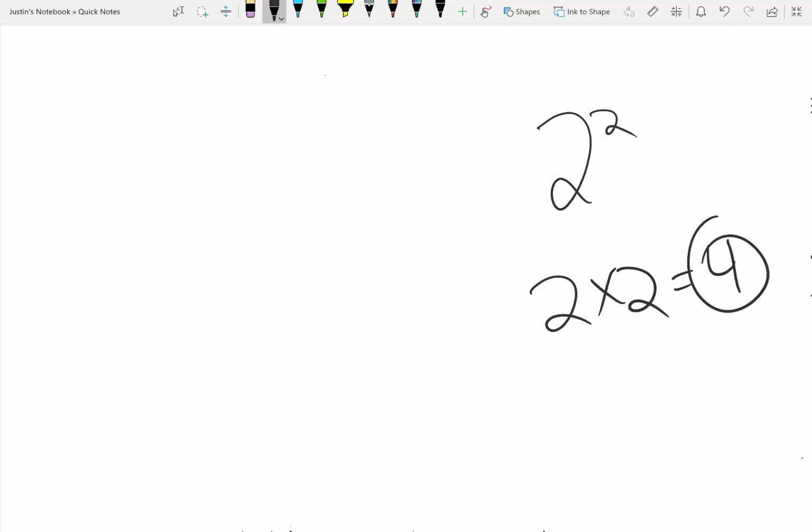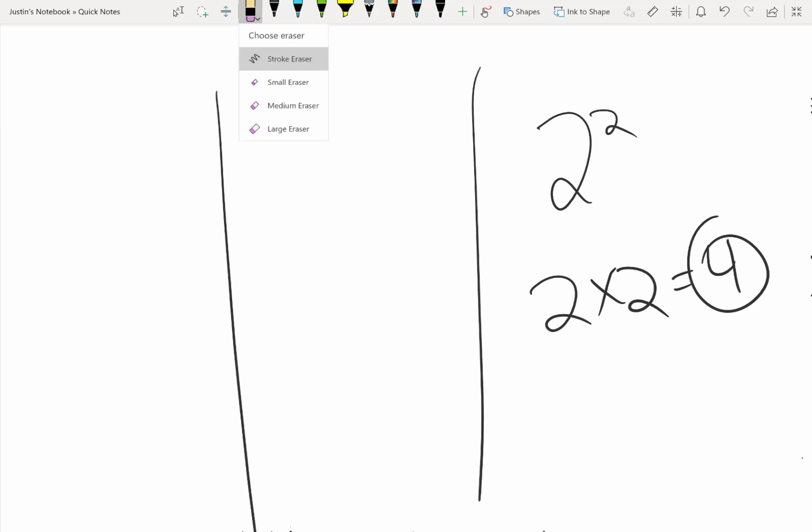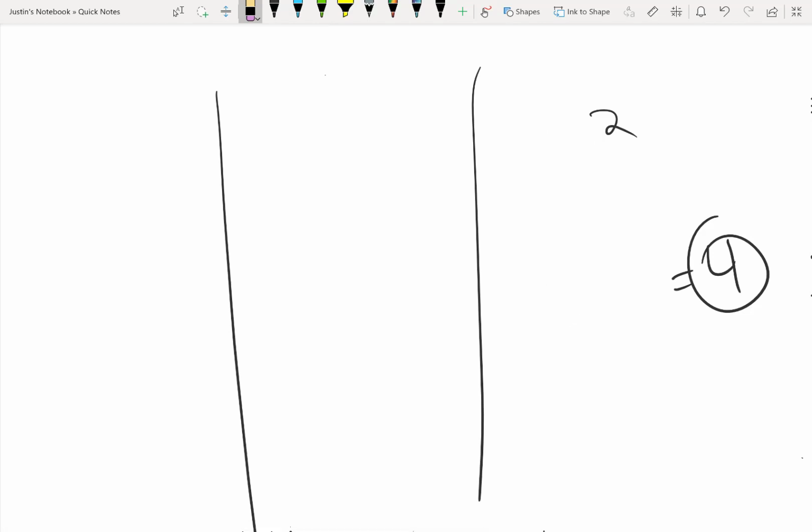There will be, from, I don't want you guys to do 9 through 14. I want you to give me the exponents, but not the answers. I'm going to give you the answers on those. So really all you need to do now is go straight down and do your exponents. You have 2 to the first power, 2 to the second power, 2 to the third power.